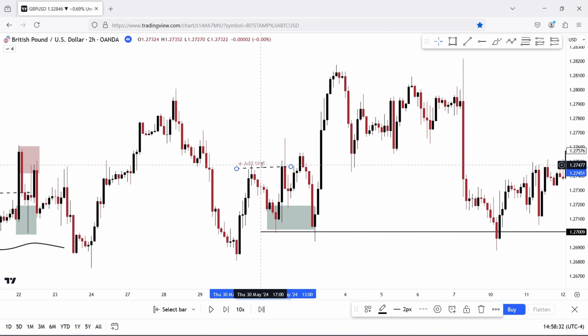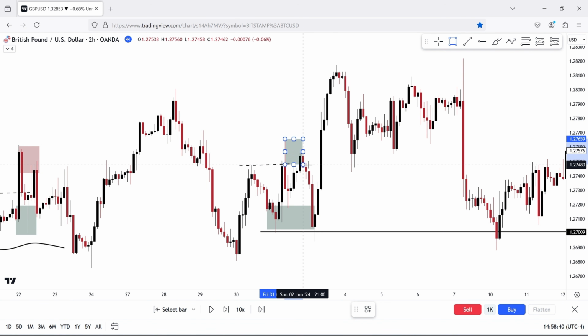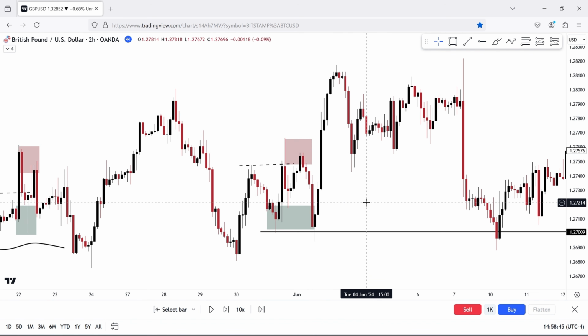So what happened here? Price broke structure. Once price broke structure, price retraced back to this order block, as you can see, but failed to break above this level. So what does that tell us? That there are more sell orders than buy orders. And let's go back to our first lesson in this free course, is that now price needs to go back and grab liquidity.